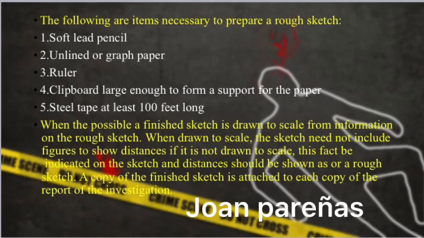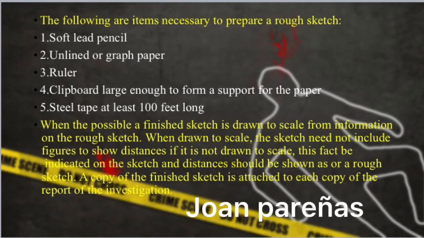A copy of the finished sketch is attached to each copy of the report of the investigation. The investigator need not prepare the finished sketch but must verify its accuracy. It is recommended that the finished sketch be prepared by personnel skilled in such work. The name of the person who prepared the sketch is indicated in the report and on the sketch.